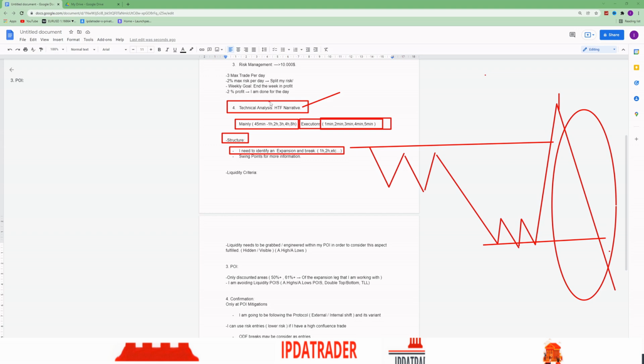And if you check the higher time frame narrative and that lines up, that makes sense for you to expect a retracement back up into a discounted area for sell. Then this is your bias, and this is how you determine your structure, expansion, break, and retracement, okay? You can always review swing points for more information. That's clear over there. All right, so that makes sense as well.